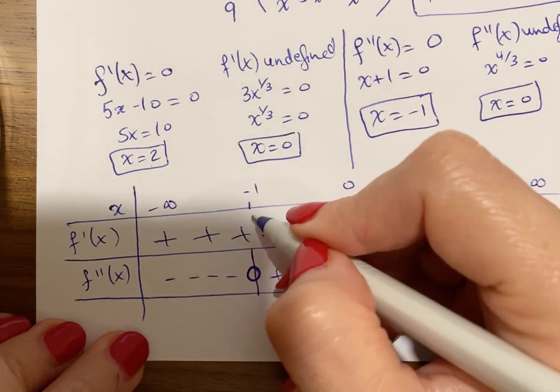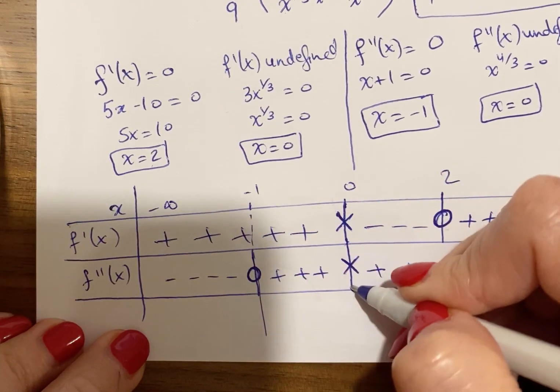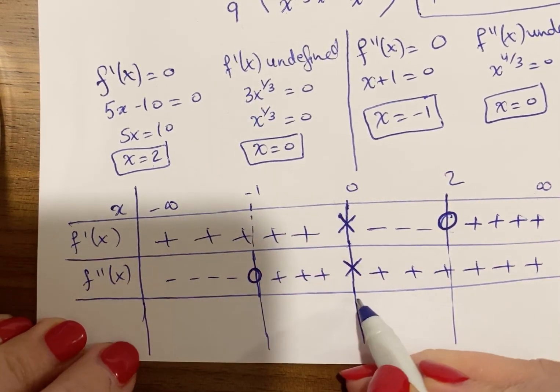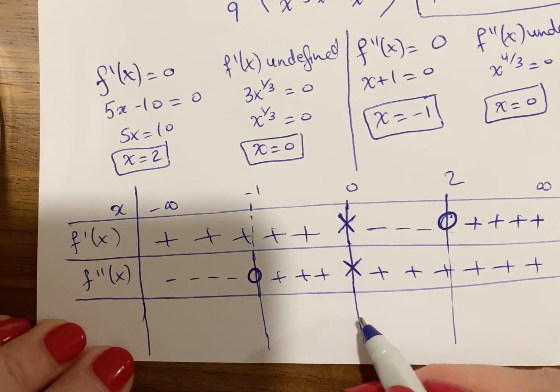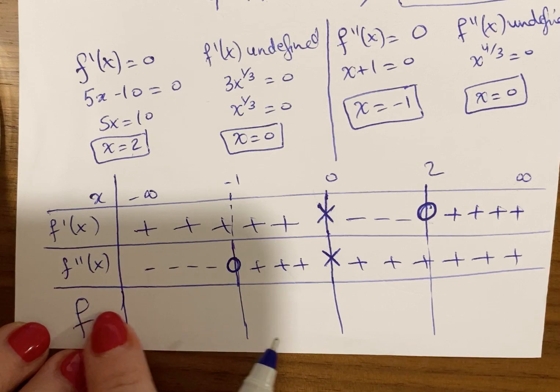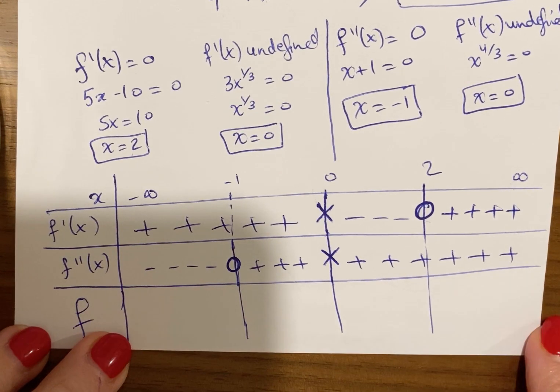All right, so now we drop all the lines. See, I don't scratch here, I don't write an X or anything, because what is this about? This is about f. For f, everything is defined, nothing is scratched out.